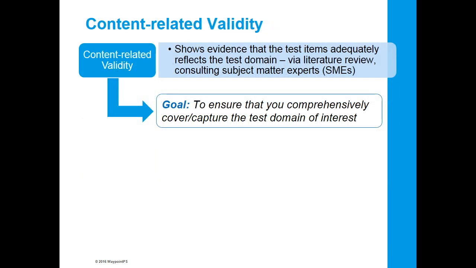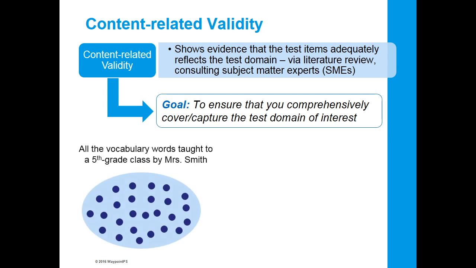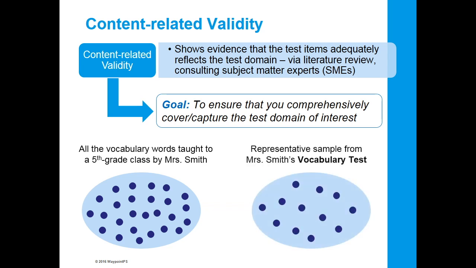So let's start with content-related validity. The goal here is to ensure that you comprehensively cover or capture the test domain of interest. To give you an example using a knowledge-based test, let's say Mrs. Smith is an English teacher and she presents 100 vocabulary words throughout the year for her 5th grade class. For her final exam, she wants to create a 20-item test.